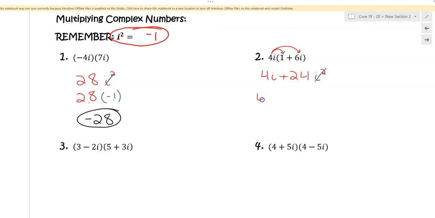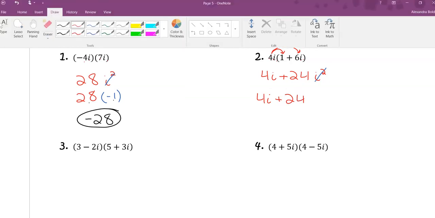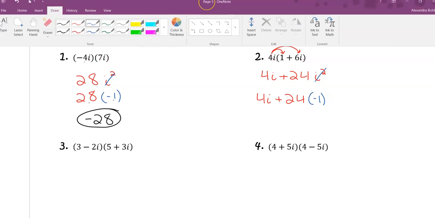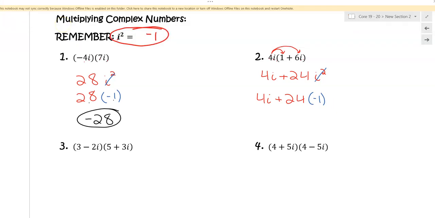So I have 4i plus 24, and that i squared turns into -1. So now 24 times -1 is -24. I'm just going to arrange these because our real part goes first. So -24, positive 4i. Your i should always go last.